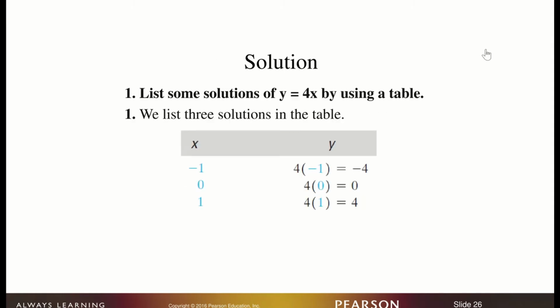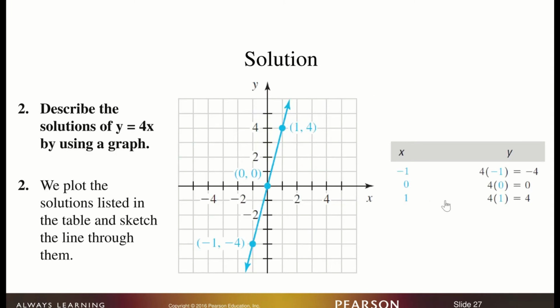If we're going to do it using a table, we can just pick some values for the x, or the explanatory variable, and evaluate the corresponding y values, and there we have our table. If we plot those values and draw a nice line through them, we have represented it graphically.